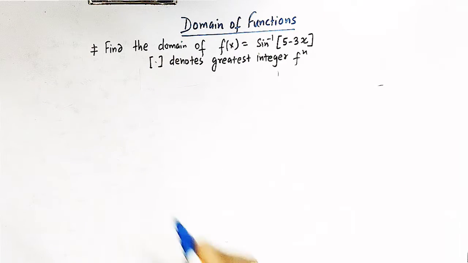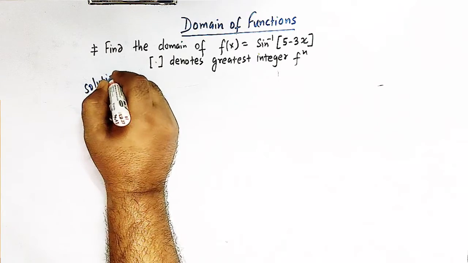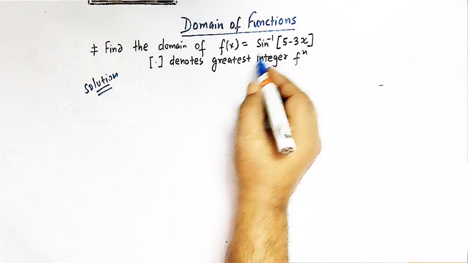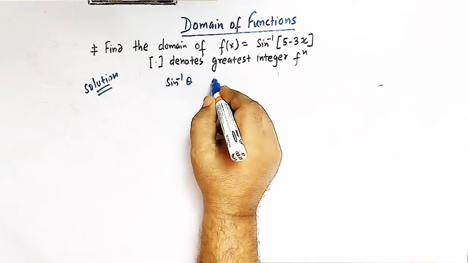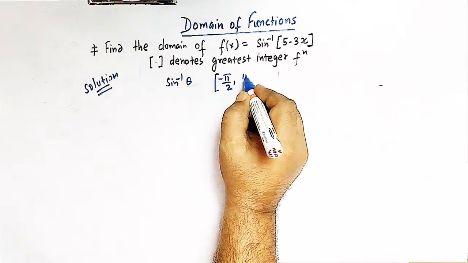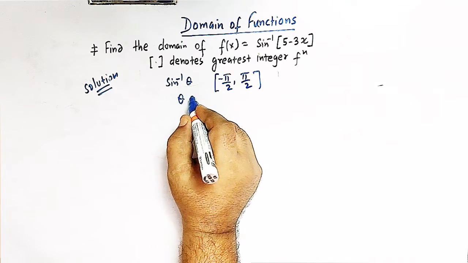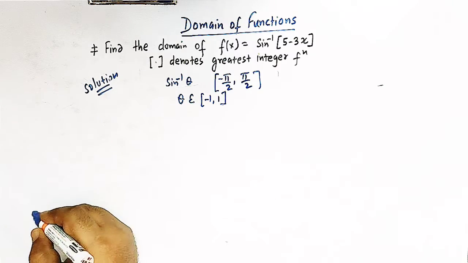So here the first important concept is that the range of sine inverse theta is given by the interval minus pi by 2 to pi by 2, when this theta belongs to the interval minus 1 to 1, right?